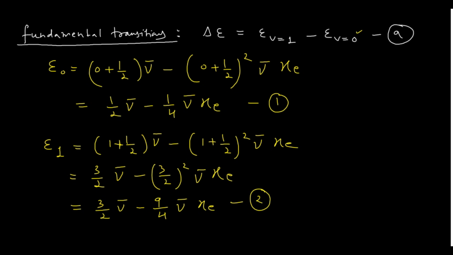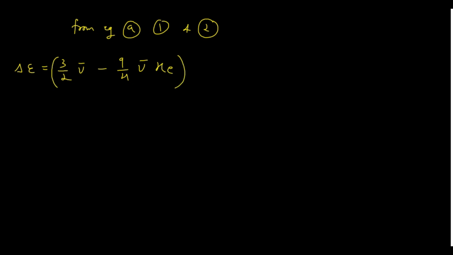So from equation A, 1 and 2, that means by putting the value of epsilon 0 and epsilon 1 from equations 1 and 2 into equation A, we get delta epsilon equals 3 by 2 of nu bar minus 9 by 4 of nu bar of xe, you can close this bracket, minus half of nu bar minus 1 by 4 of nu bar of xe. You can write like that.